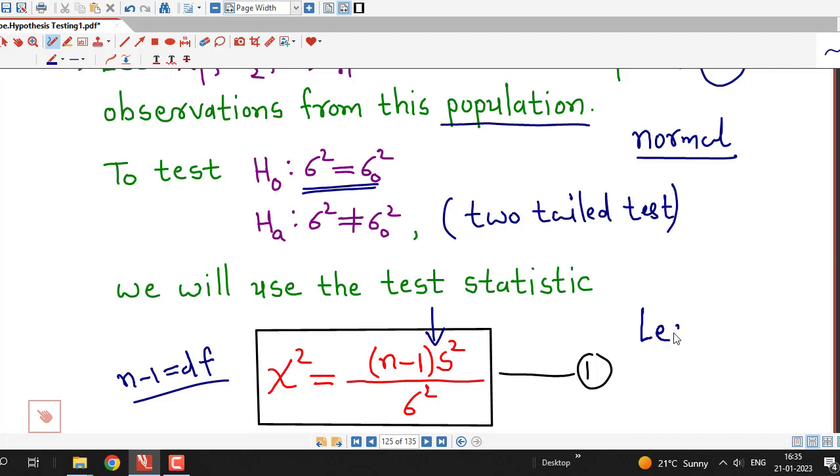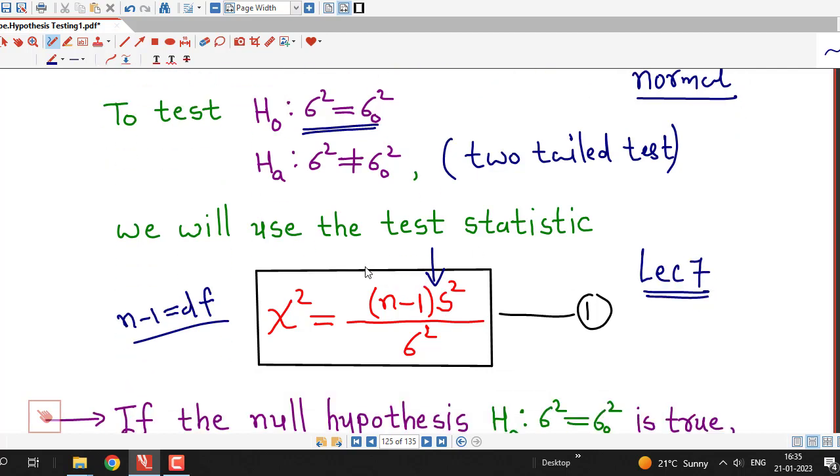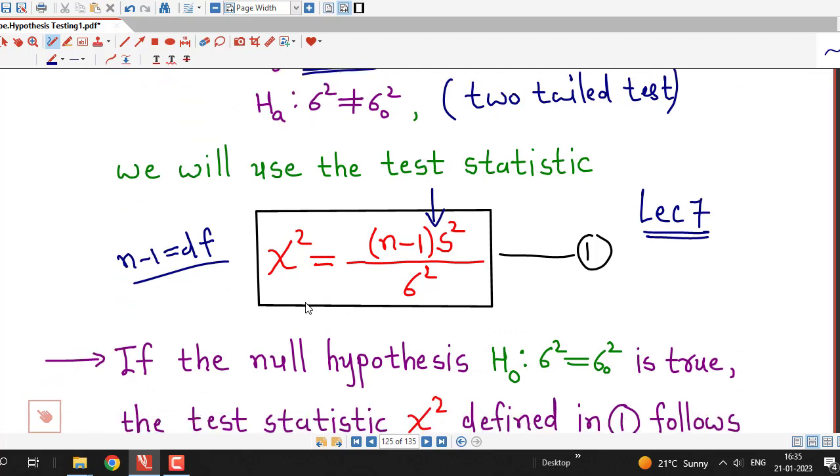This we have discussed in lecture number 7 on sampling distributions. So this is going to be our test statistic for this hypothesis test for population variance.